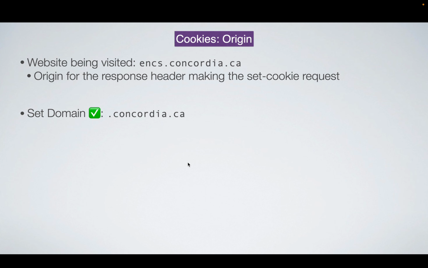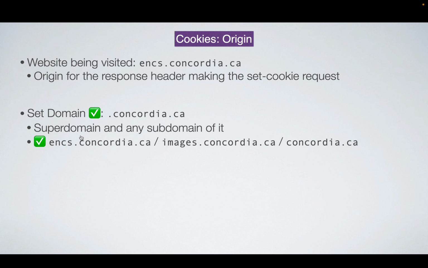I want to set it for myself, plus I want to set it for all my brothers and sisters at concordia.ca. It's allowed to do that. Browsers say that's fine. You can do that if you want. So it will be any superdomain and any subdomain of concordia.ca. It will match encs.concordia.ca. It will match images.concordia.ca. It will match just concordia.ca. Basically, the only thing it won't match is some domain that's completely different, like canada.ca. Okay?